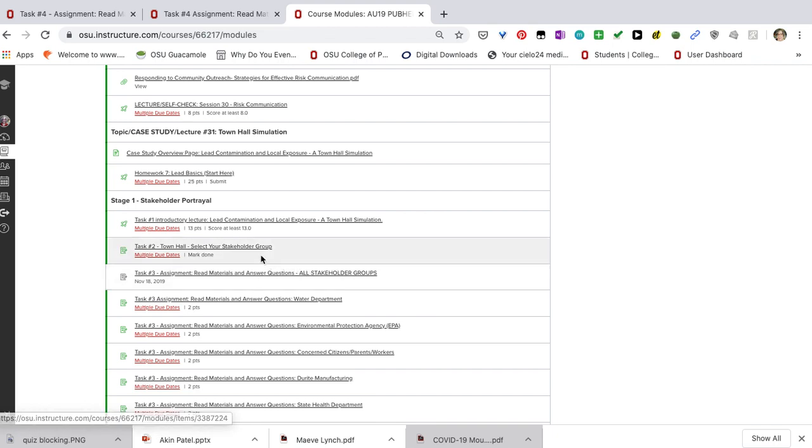But what happens is they pick their group. By creating this all stakeholder group assignment, students see that there's work due, they can see what the work is and know that they have a due date. But once they get placed into the groups, what we did in autumn is put them into their individual groups and then unpublish this.